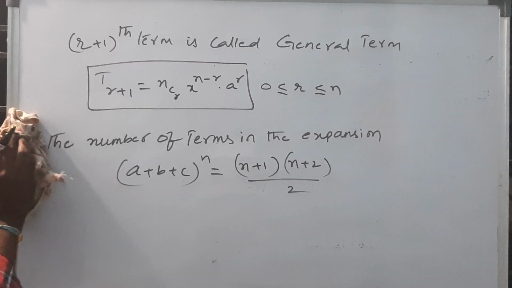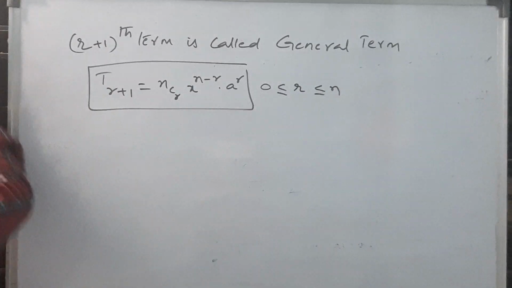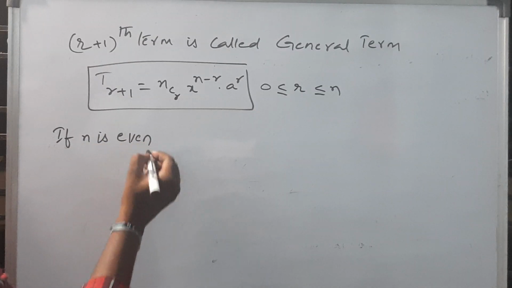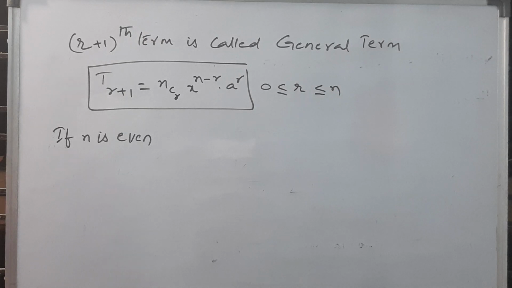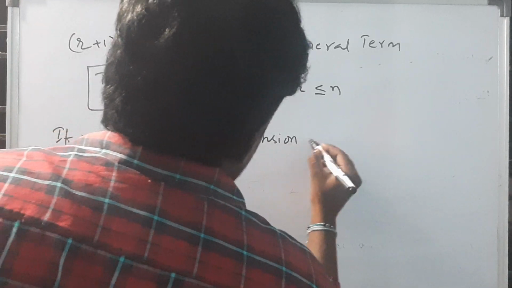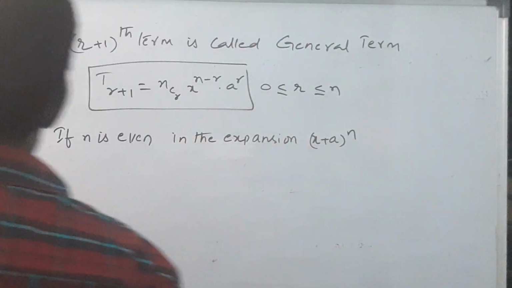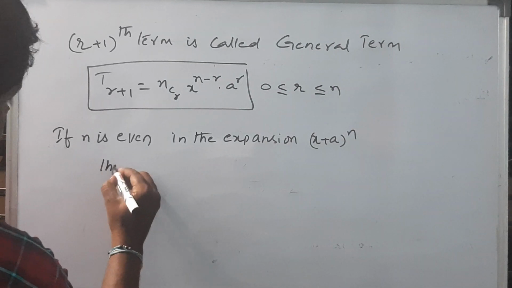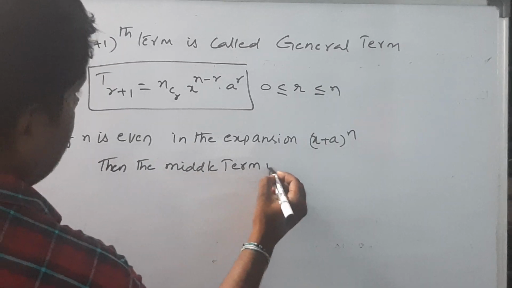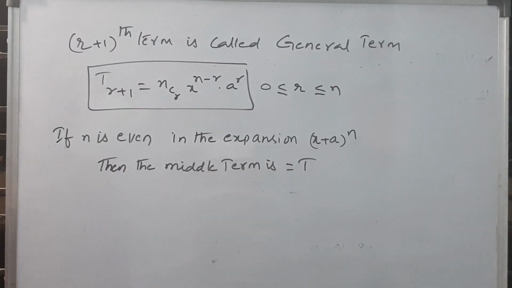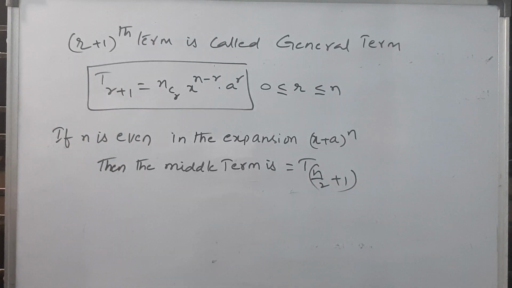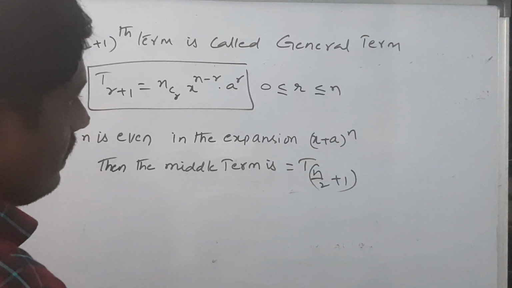If n is even, in the expansion of (x + a) whole power n, then the middle term is T(n/2 + 1).